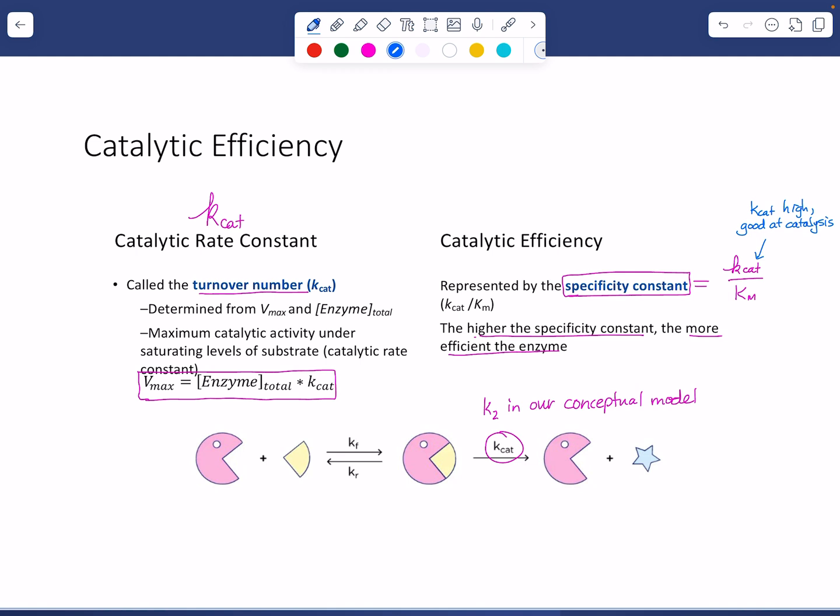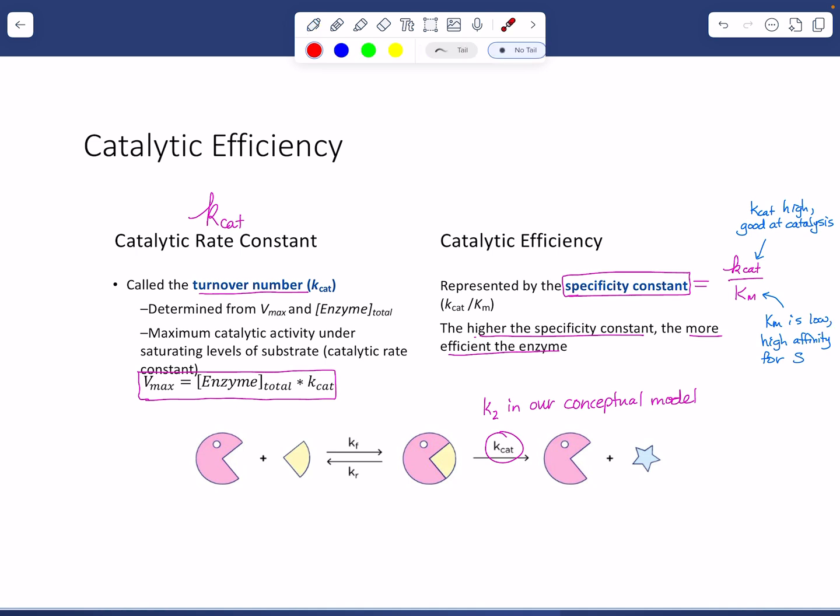So that number being big is good. Now, let's look at the bottom number, Km. When Km is low, we have a high affinity for substrate. So that being low is good.